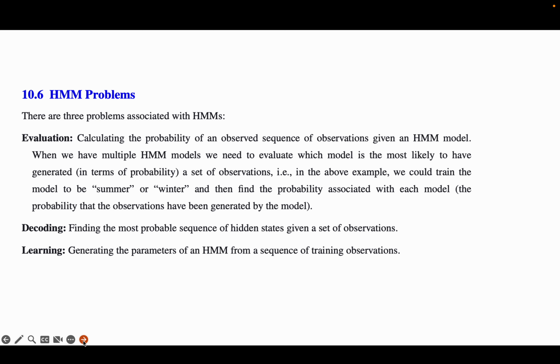So, in other words, sunny, sunny, sunny, sunny, cloudy, rainy, sunny, rainy, cloudy. Which of those would have the highest probability? And then the third problem is generating the parameters of a hidden Markov model from a sequence of training observations. So there is usually some machine learning, especially in today's world, associated with hidden Markov models.